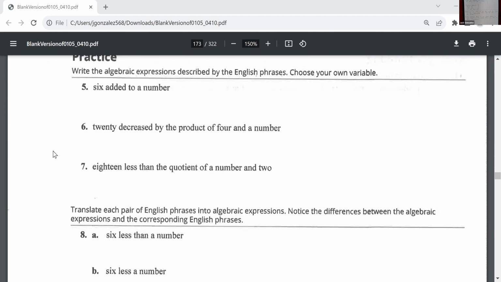So try these out. Just remember that division and subtraction, the order is important. The other ones don't matter how you write it. But if you notice we're doing a subtraction or division, be careful.